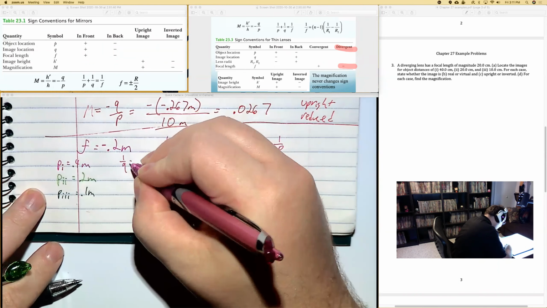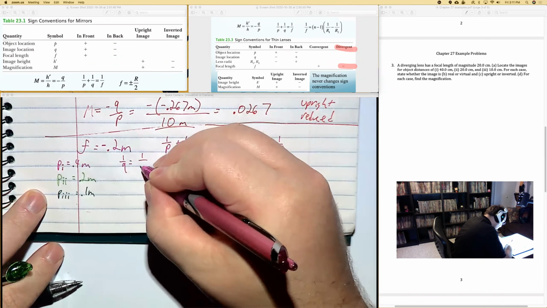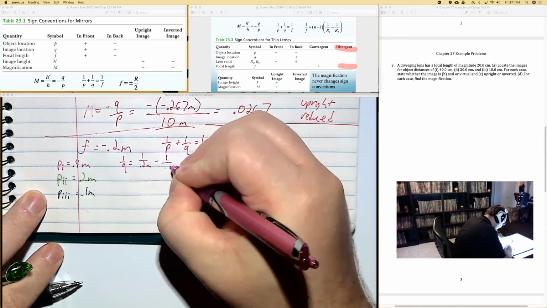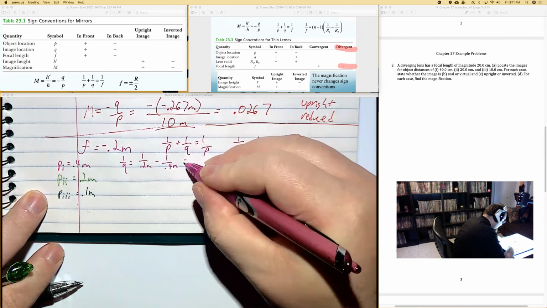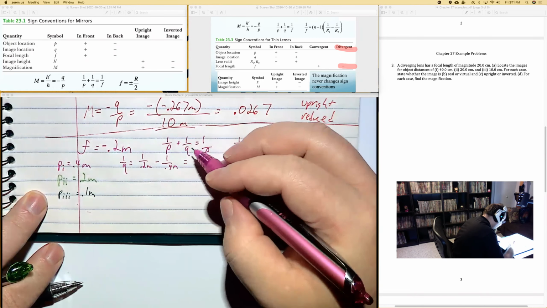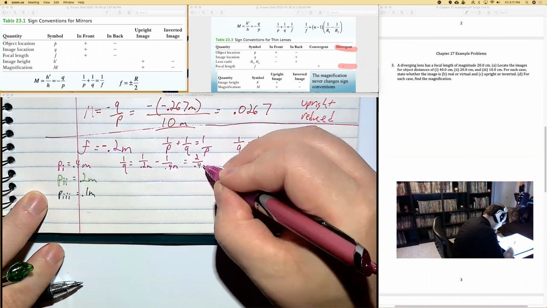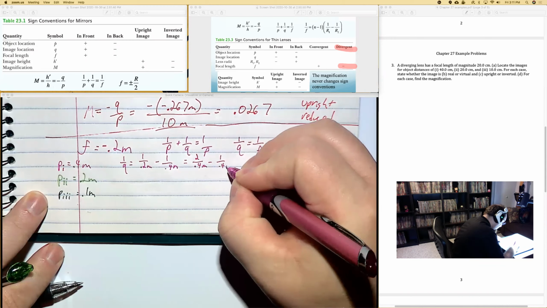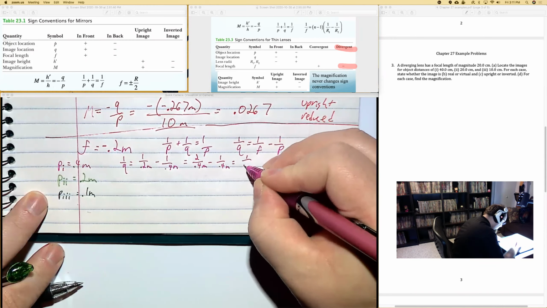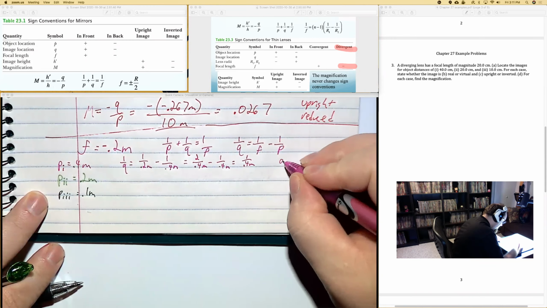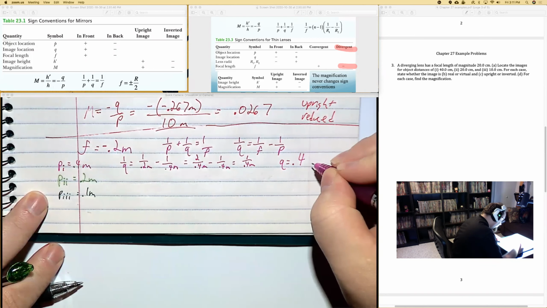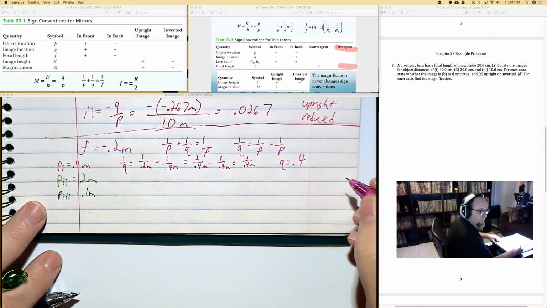1 over Q equals 1 over 0.2 meters minus 1 over 0.4 meters. Doing that, that's going to be 2 over 0.4 meters minus 1 over 0.4 meters equals 1 over 0.4 meters, which means Q equals 0.4.